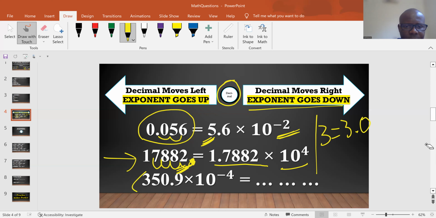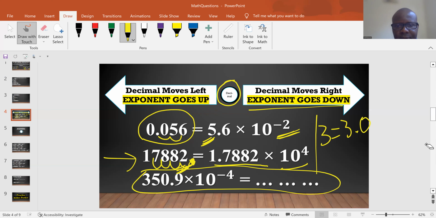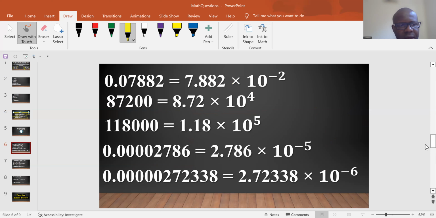Now this example is a challenge question, and I'll solve this at the end of the video. So let's see the questions I showed before, how we can solve them. 0.07882 in scientific notation will be 7.882 times 10 to the negative 2 power.